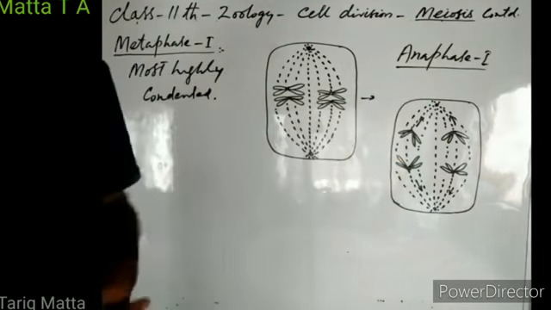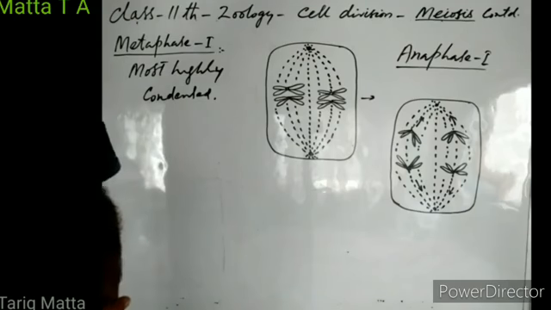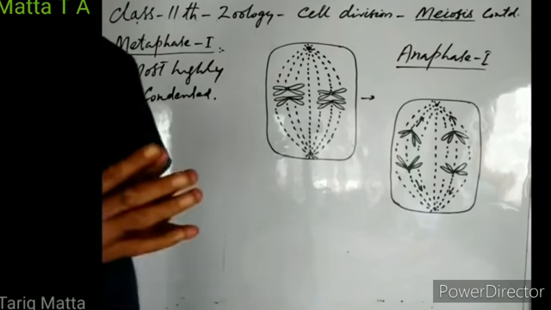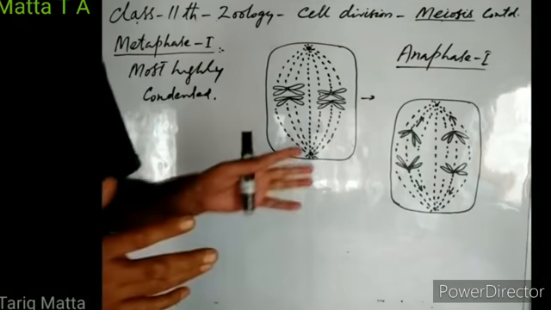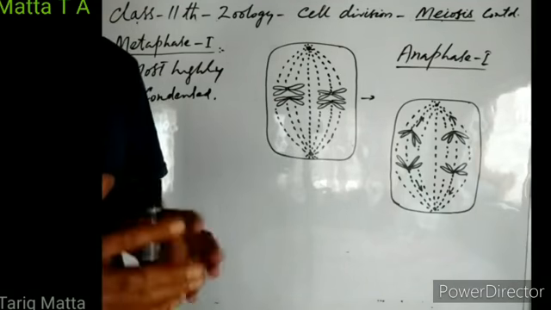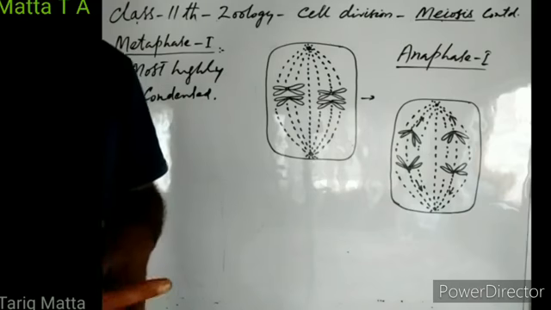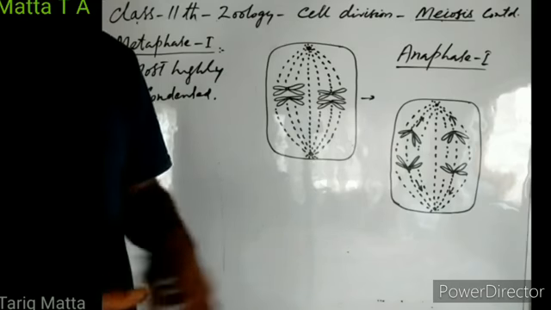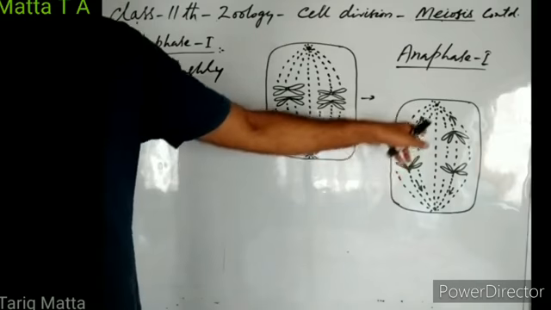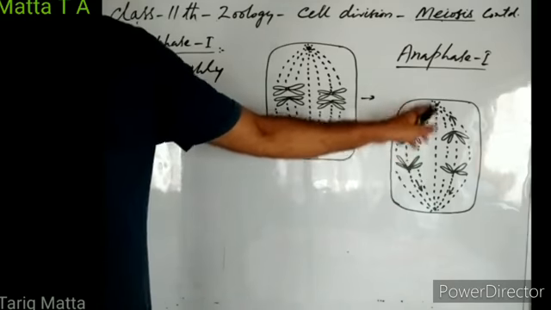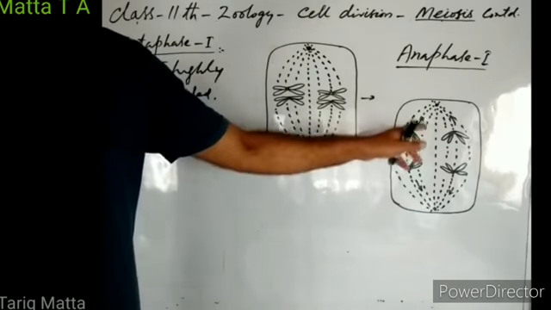That means at the centrosomes, tubulin dimers are removed from kinetochore spindle fibers, and these fibers shorten. When they shorten, they pull these homologous chromosomes towards two opposite poles of the cell.